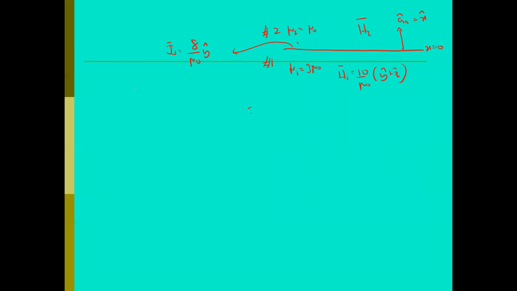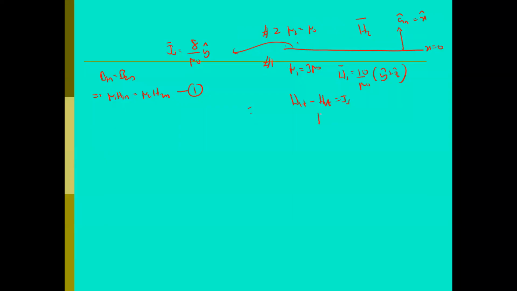Okay, so from here, we know that there are two boundary conditions to be used. B1n equals B2n, or simply mu1 of H1n equals mu2 of H2n. This is the first boundary condition, related to the normal component. Then we have the second boundary condition, which is H1T minus H2T equals JS.